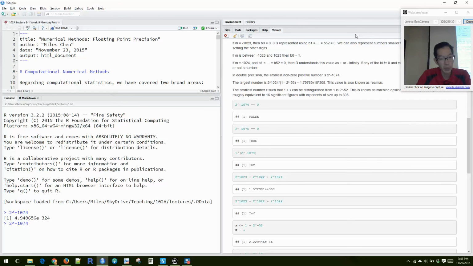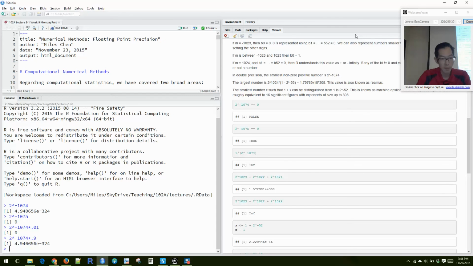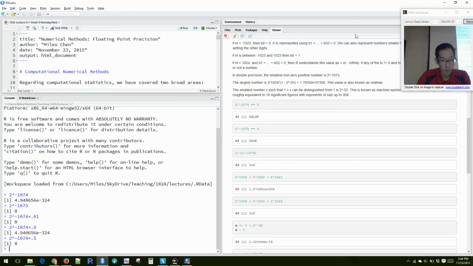So if I tried to raise it to 2 raised to the negative 1075, the computer sees this as 0. Or if I tried to multiply this by any fractional component, well, actually that it can't distinguish. So if I try to take 2 to the negative 1074 and fractionalize it, it just goes out to 0.